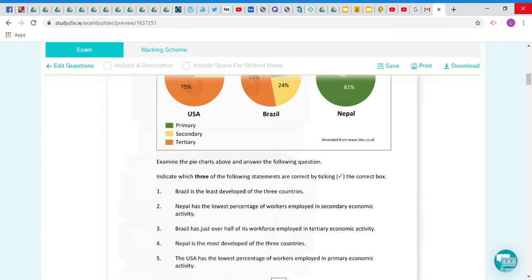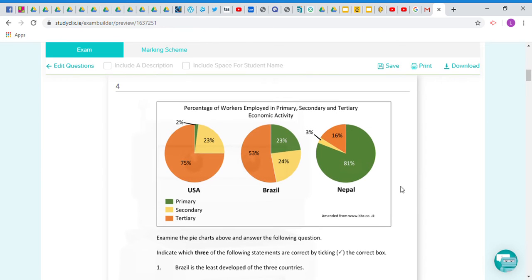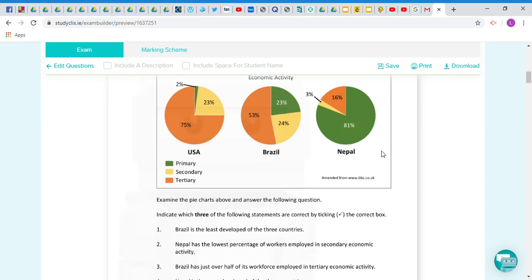What I like to do is go through each of them and mark them T for true or F for false. So Brazil is the least developed of the 3 countries. So this is Brazil, and usually a developed country has a large tertiary sector. The more developed they are, the larger their tertiary sector. So this is false because Nepal is the least developed of these 3 countries.